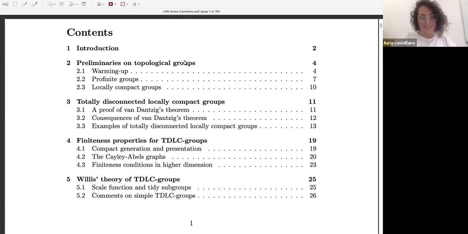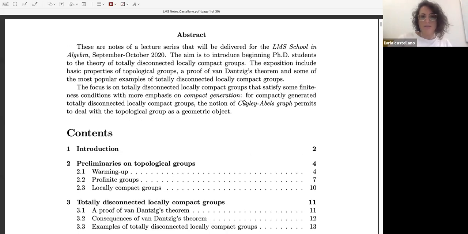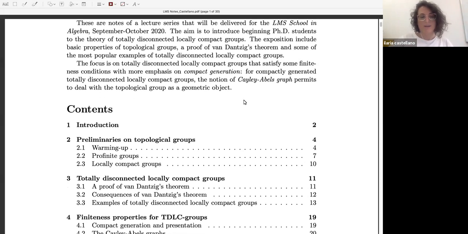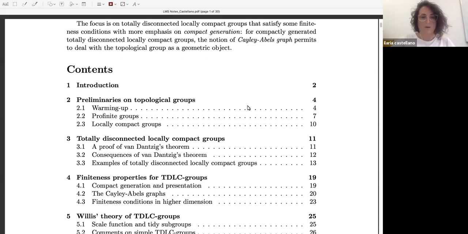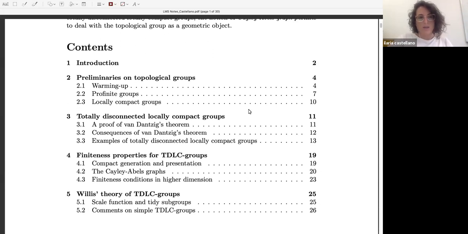Thank you, Raquel. Thank you, all of you, for showing interest in my lectures. Here you can see the first page of the notes that I shared with you online, because just before I start with the lecture, I would like to talk about the plan for the week. So this week, there will be 3 lectures about this class of groups.